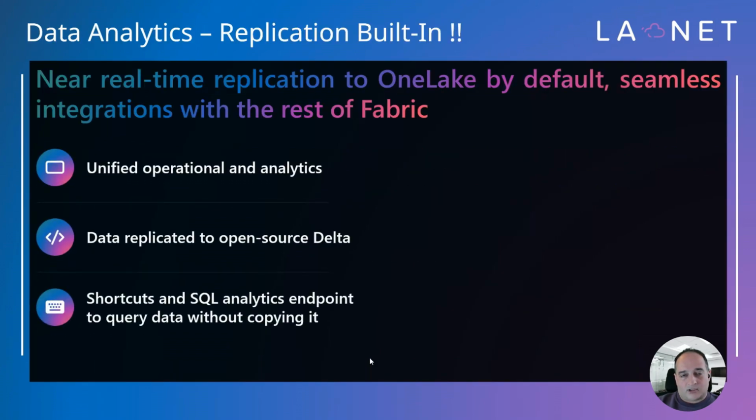Okay, so the really important thing about the database preview, if you take nothing else away, is how the near real-time replication to the OneLake by default works. So you've got an OLTP type database where you've got your transactions flowing into that database. Now, typically what you'd have to do is take that data, extract it, transform it, and load it into a staging area or into a data warehouse or a cube or an OLAP service.